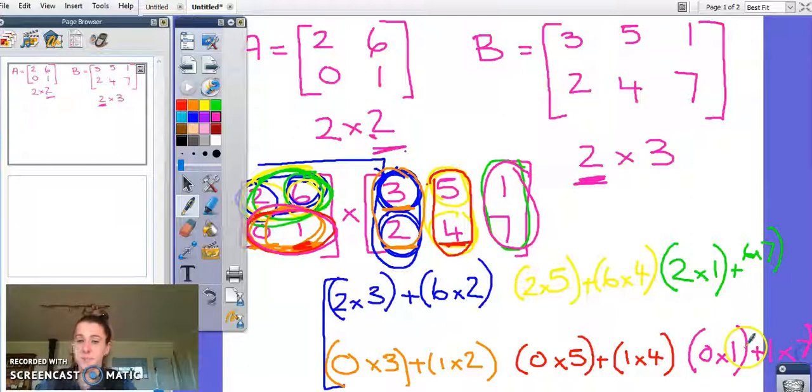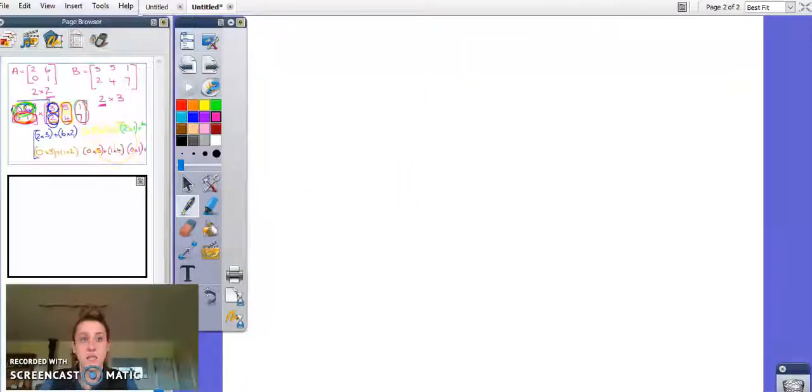Close bracket. So then we just go through and we solve all those out. Each individual colour will give us one final answer to put into our matrix. So I'm going to jump into the next blank slide. You can still see our working up in there.